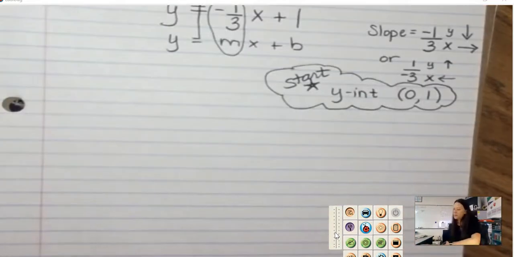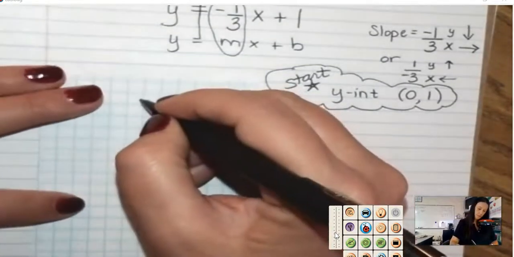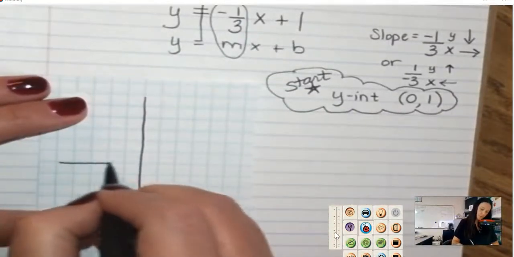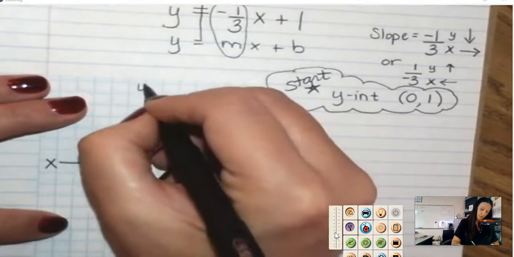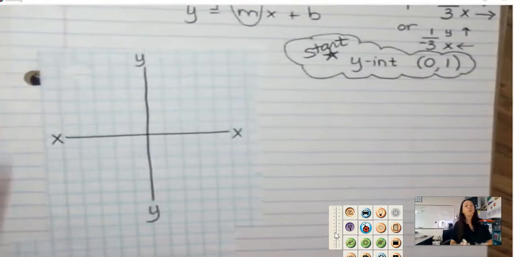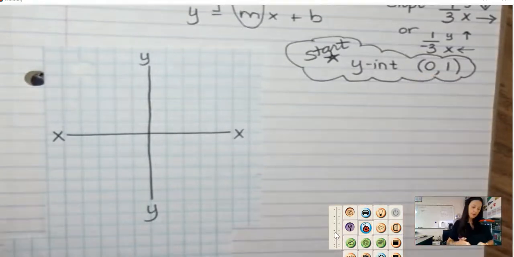Okay, grab your graph paper. We always graph the y-intercept first. So go to your y-axis, go to positive 1, and put a dot.